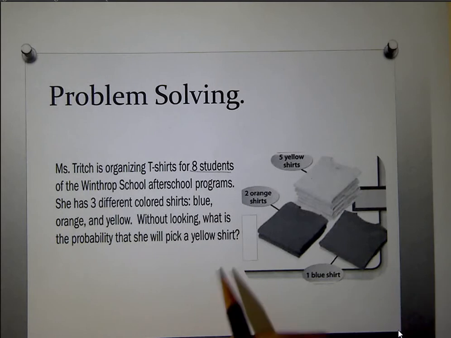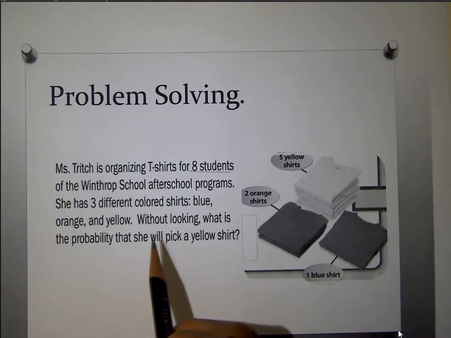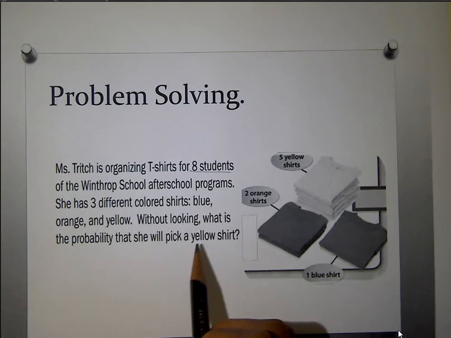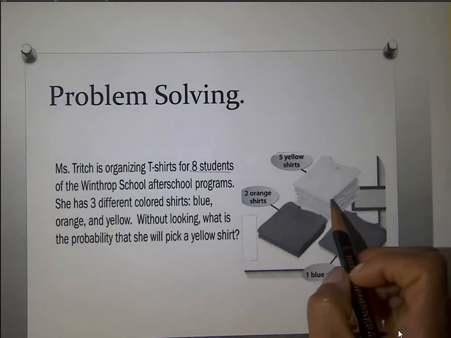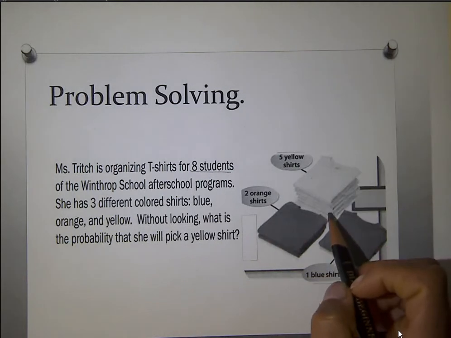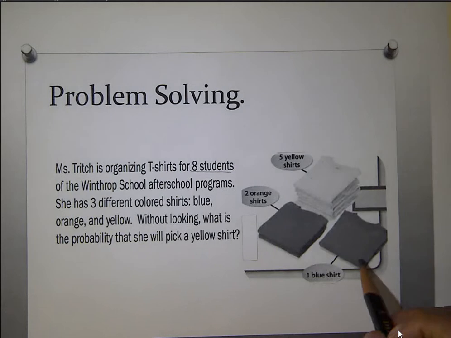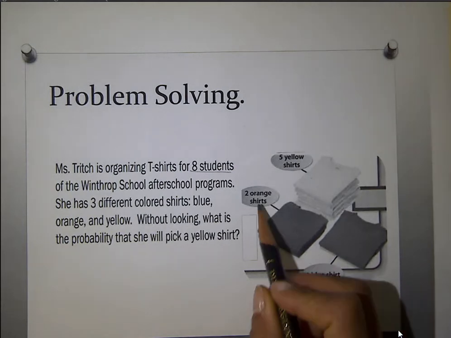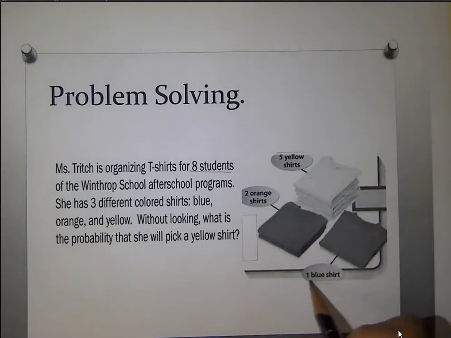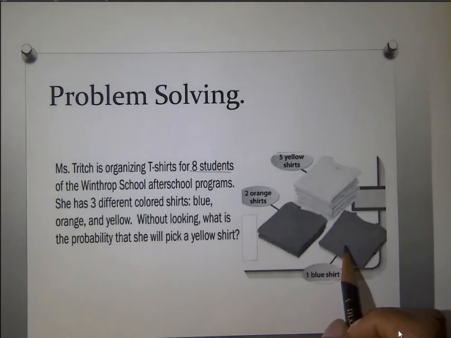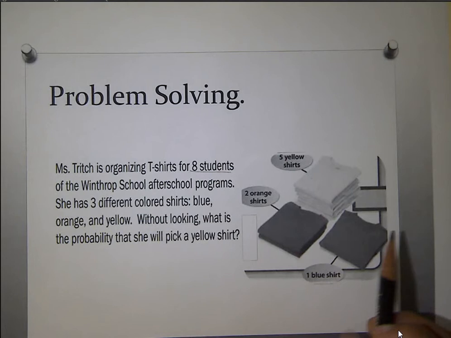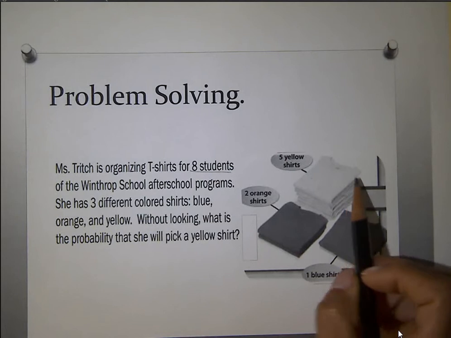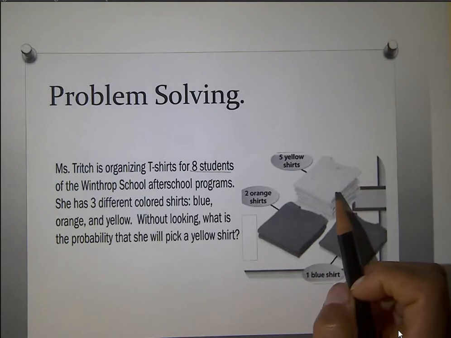What is the probability, though, that without looking, Ms. Tritch will pick a yellow shirt? Well, I see that there's more yellow shirts than orange and blue put together, because there are 2 orange and 1 blue shirt, and that makes 3 together, and there are 5 yellow. So I think that there's going to be a higher probability of picking a yellow.